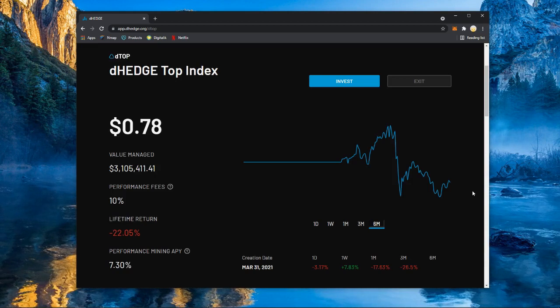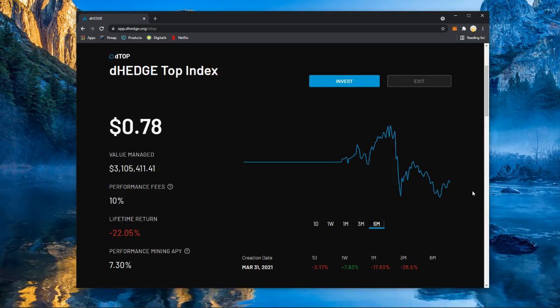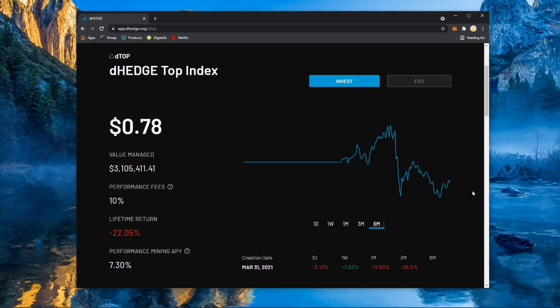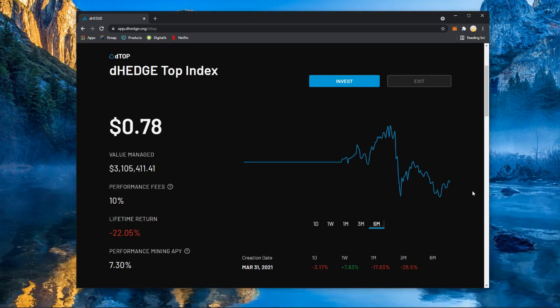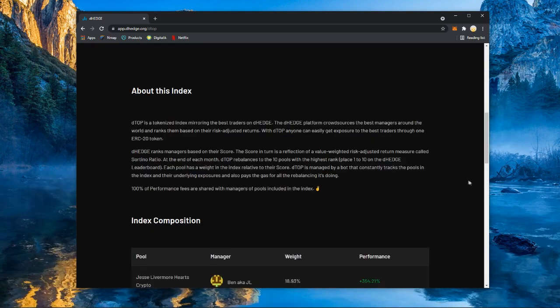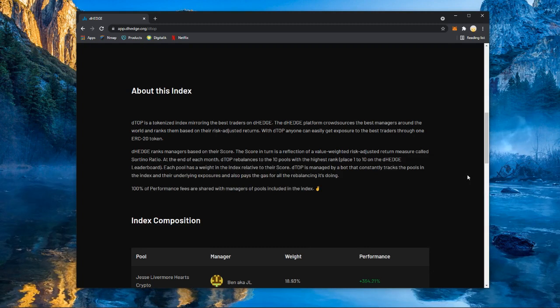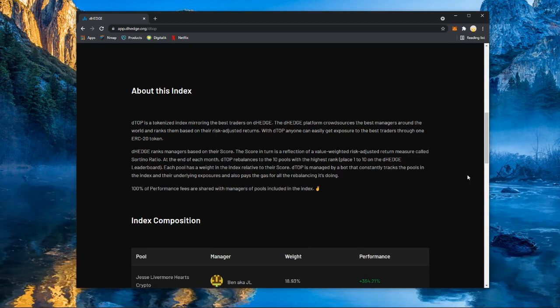A few months ago, DHedge created a token that automatically rebalances itself while comprised of multiple portfolios constructed by multiple pool managers. This index is rebalanced on a monthly basis to match the best possible index composition of pool managers.